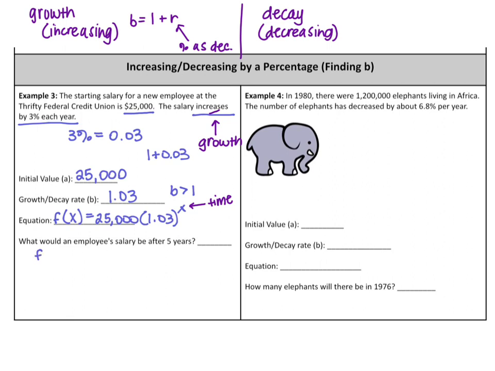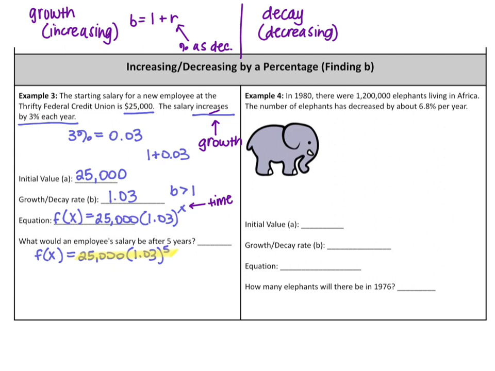I'm going to write my equation, f of x equals 25,000 times 1.03 to the power of 5. And I can type this entire right-hand side into my calculator and solve for y, or f of x, to find that salary.